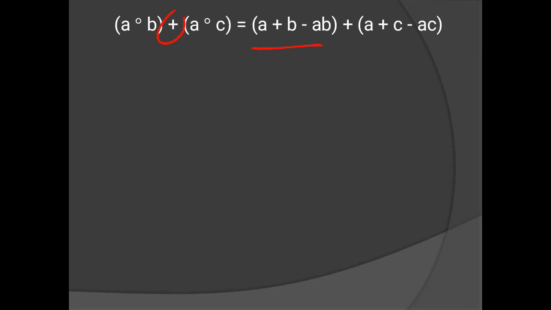Then our plus sign is here. Then we solve the second parenthesis, which is A operation C. So A is representing the first, C is representing the second. So first one plus second one, A plus C, minus first one times second one, so minus A times C.